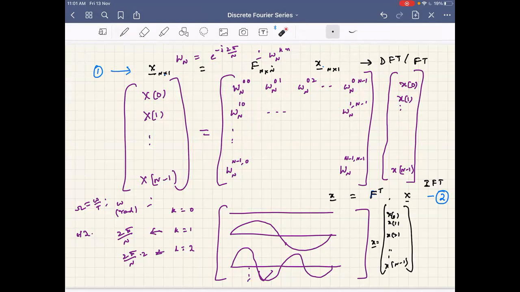If you want the second frequency component, like 1 cycle per second kind of information, you multiply with the corresponding basis function. Here, instead of basis functions in continuous time, these are all basis sequences.